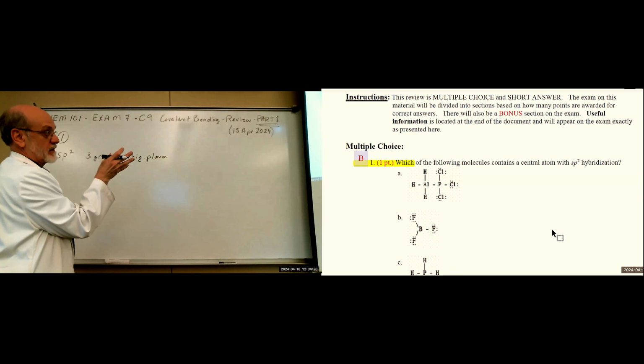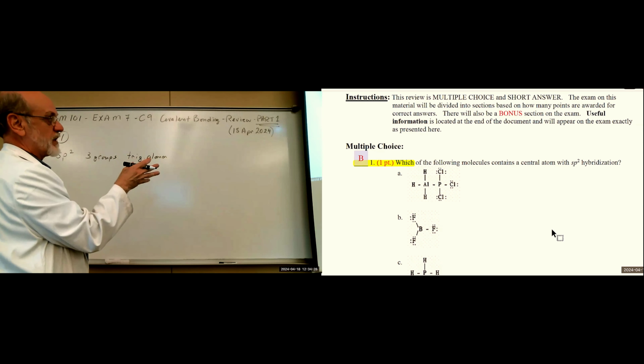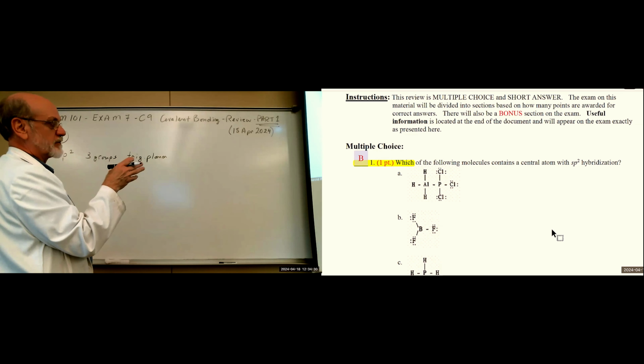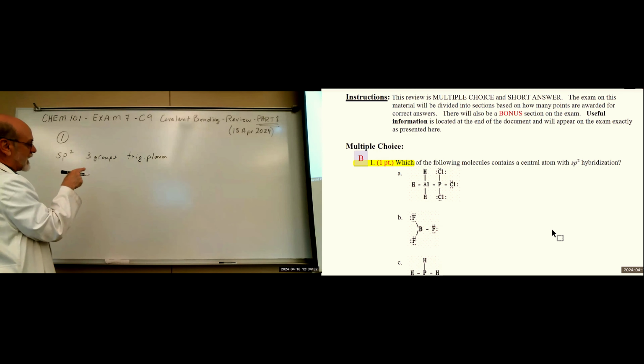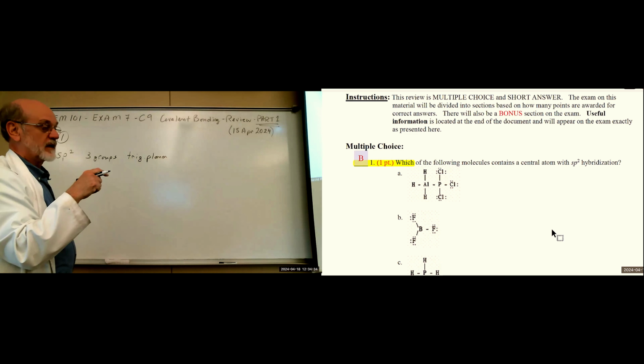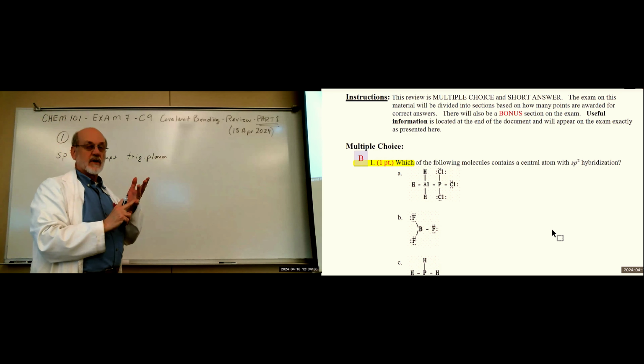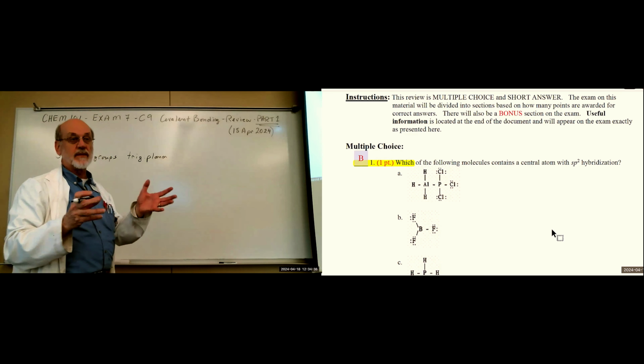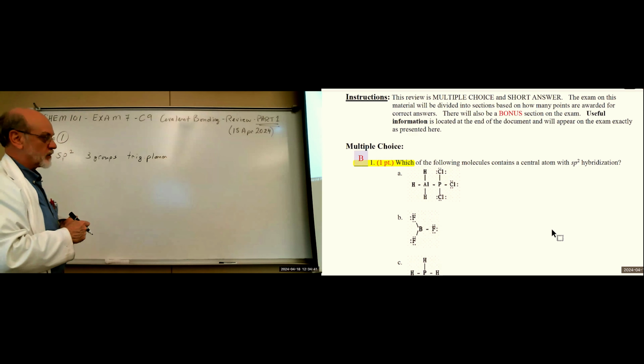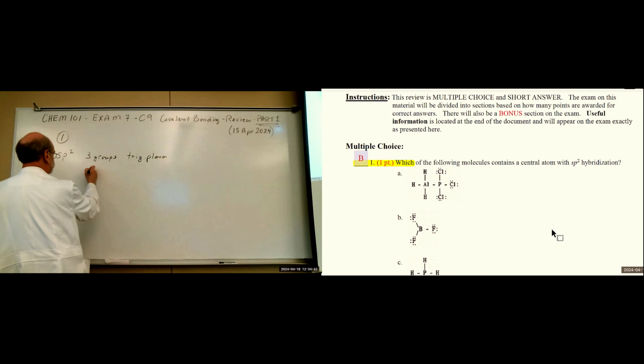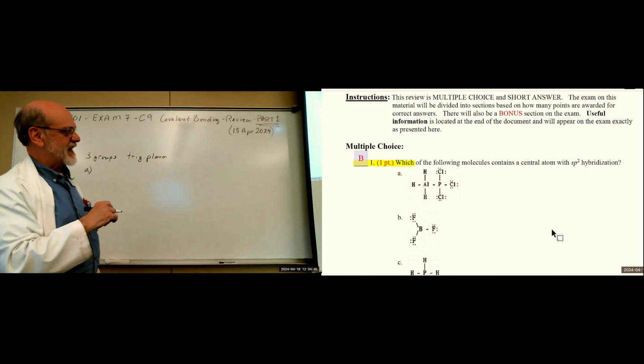So what we've got here are Lewis dot structures, and what we're looking for is a central atom that only has 3 groups around it. Now they could be bonded atoms, or they could be lone pairs. Could be a combination, right? So if we look at A, what does A have in it?